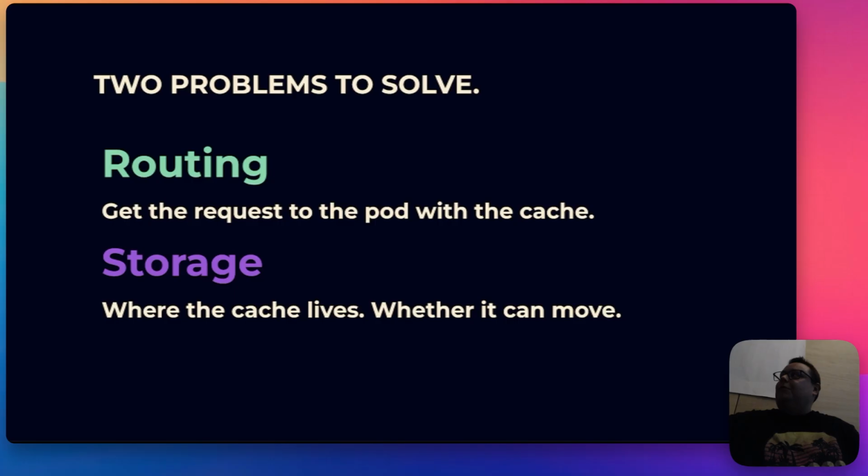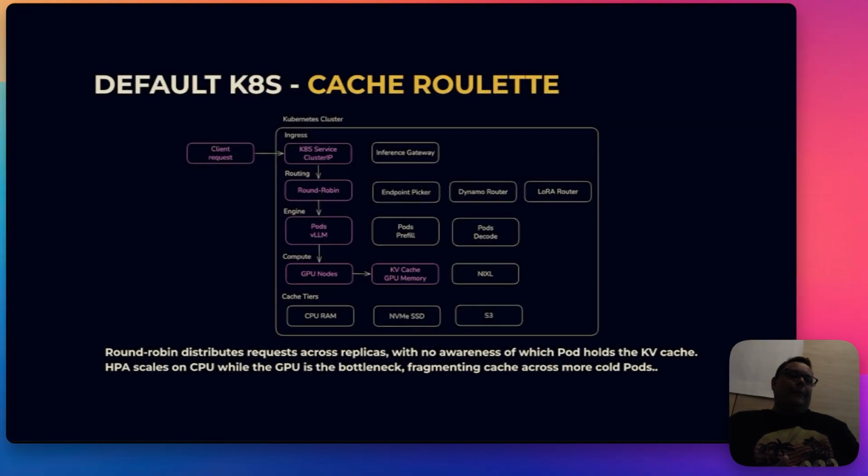In Kubernetes, they started around 2020 to figure out problems to solve. One of the things is routing: how we can assure that the request goes to the pod with the cache, the right one. And the other thing is storage. Storage means storage for our KV cache at the end of the day, but storage can also mean whatever the model needs as inputs needs to be available for the model.